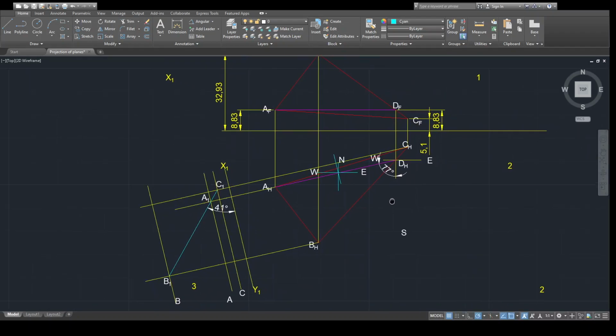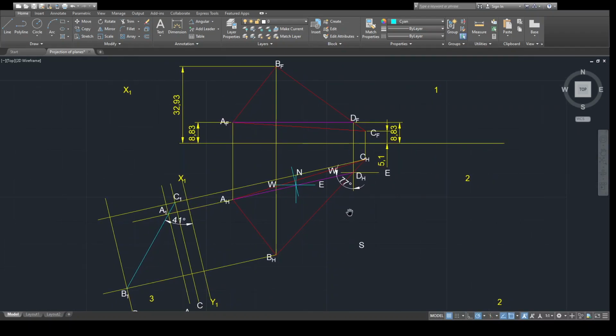There is one more variety here. Suppose the front view of a plane ABC is given to you, the strike angle, let us assume the same 77 degrees, and its direction is south to west. Dip angle 41 degrees and its direction north west are given, and only the location of point AH is known. Complete the rest of the plane ABC, or complete the top view of plane ABC.